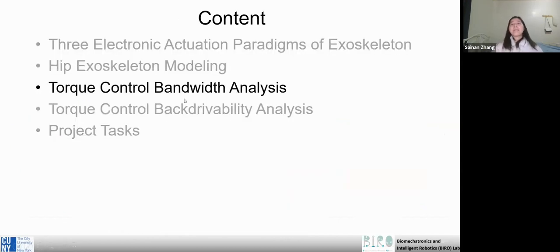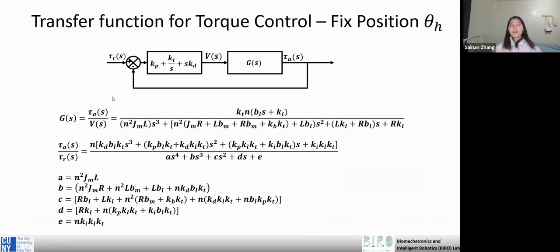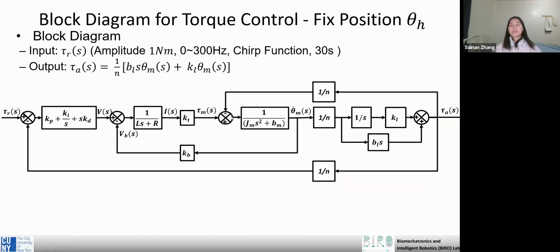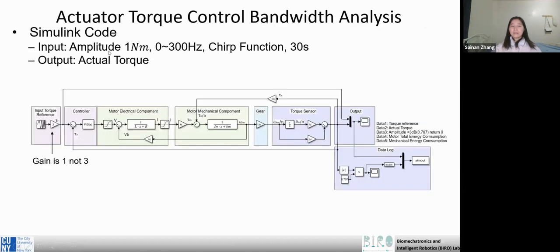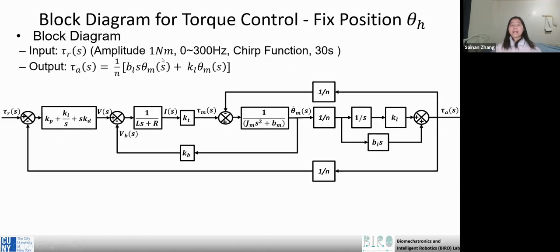The next part is the bandwidth analysis. For fixed position theta h, we already have the control block diagram. Look at this. To get the bandwidth, we need to set the input, and here we will give a chirp function. The amplitude is 1 Newton meter, and the frequency goes from 0 to 300 Hertz in 30 seconds.